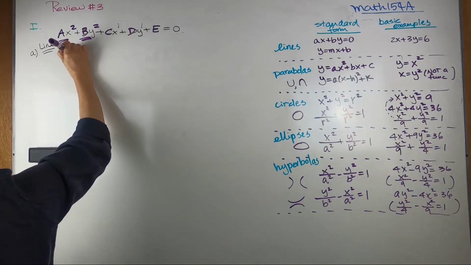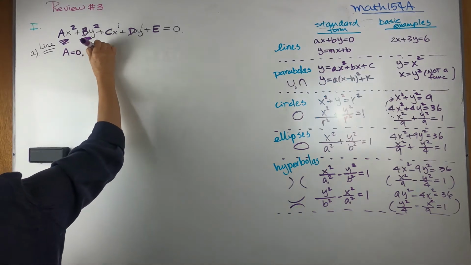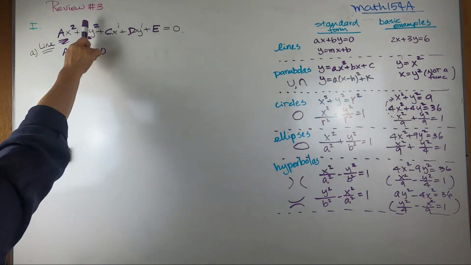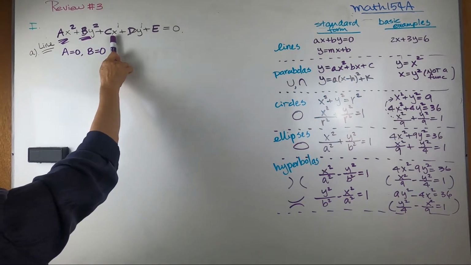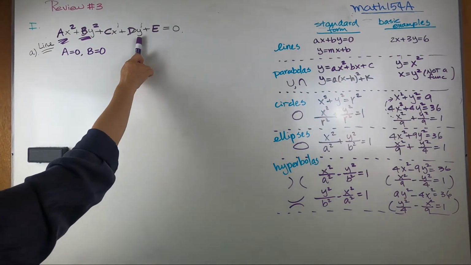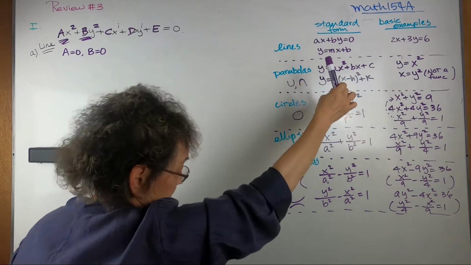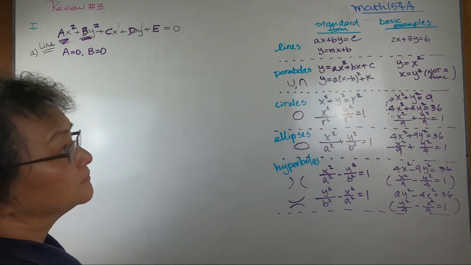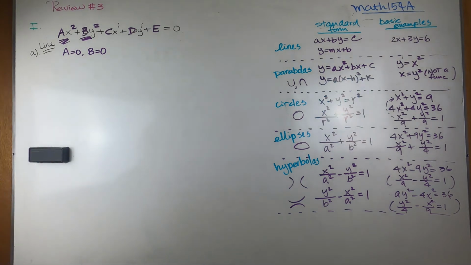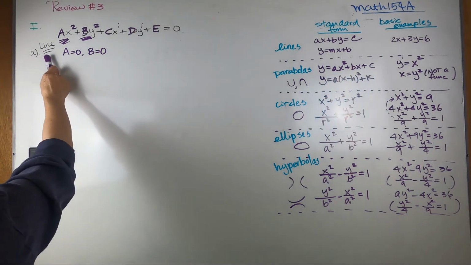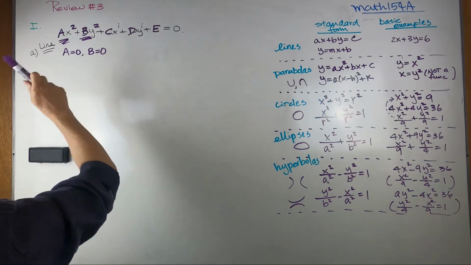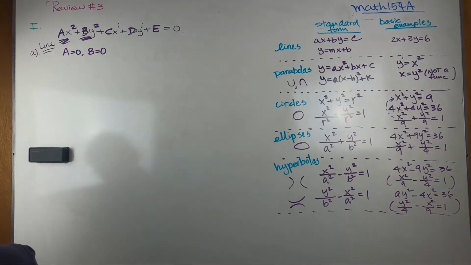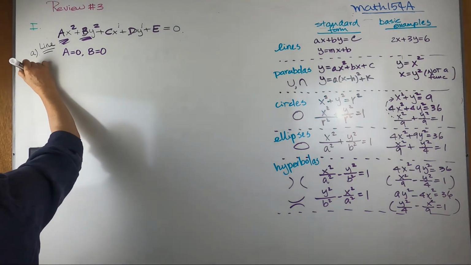So A has to be 0, B has to be 0. So the squares are gone, you only have cx plus dy, right? It's like ax plus by equals c, right? So for a line, A and B have to be 0, right?